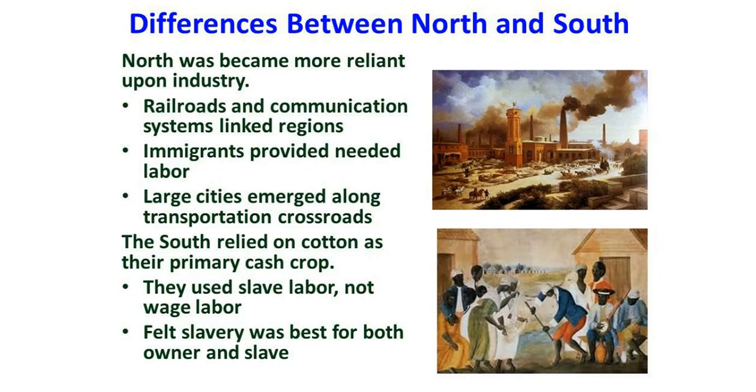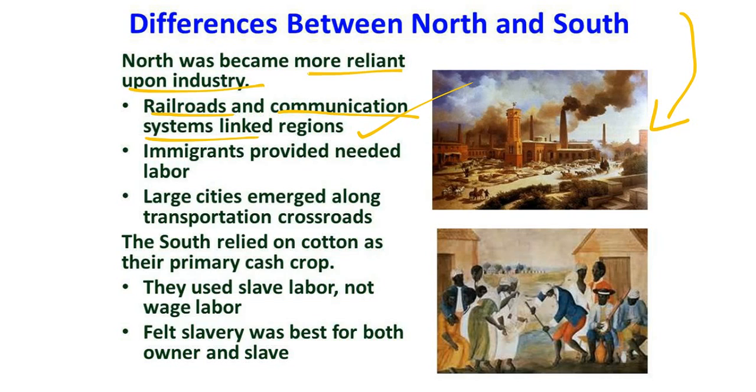The differences between the North and South are becoming increasingly troublesome. The North was becoming more reliant upon industry, and a good representation of what it was like in the North is in this picture here. Railroads and communication systems linked regions together.